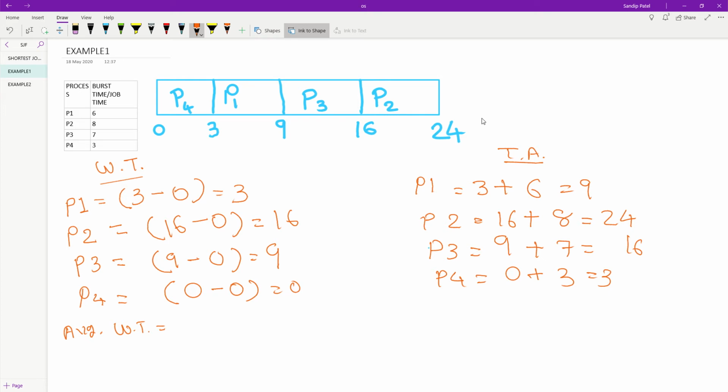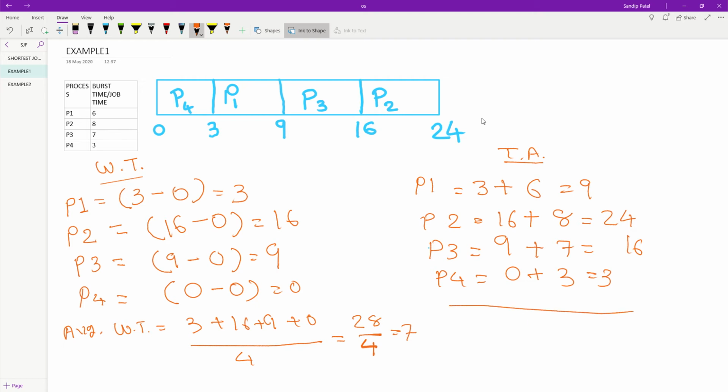So now the average waiting time is equal to 3 plus 16 plus 9 plus 0 divided by 4. So that is the total time 28 divided by 4, it's 7 milliseconds, right? In the same way you can calculate the average turnaround time.